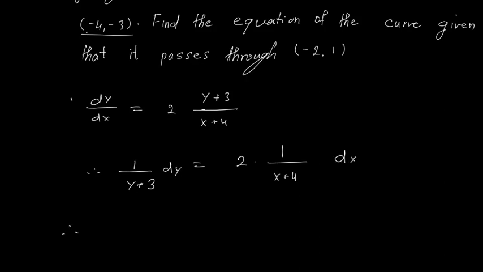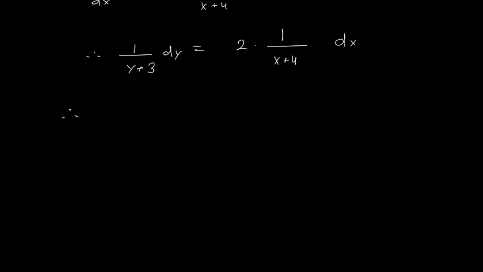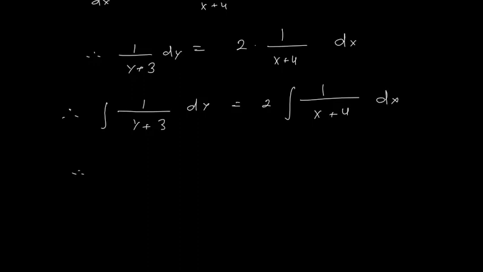Therefore I integrate on both sides: the integration of 1 upon (y + 3) dy is equal to 2 into the integration of 1 upon (x + 4) dx. So we have log(y + 3) = 2 log(x + 4) + c.